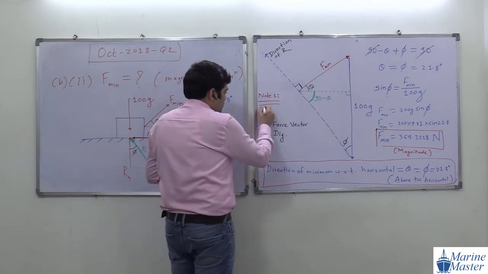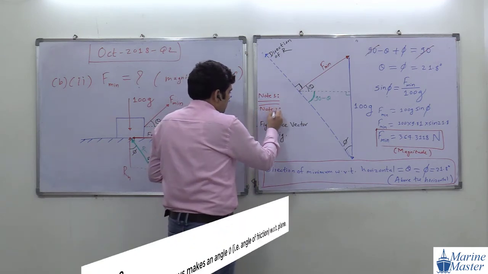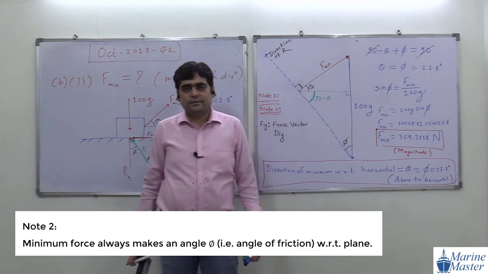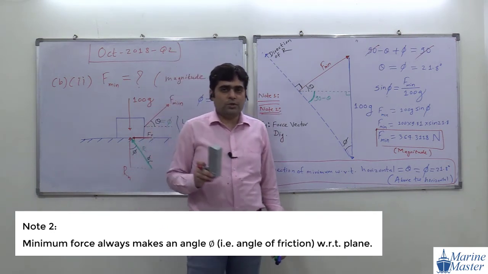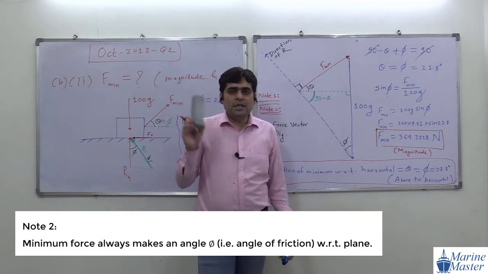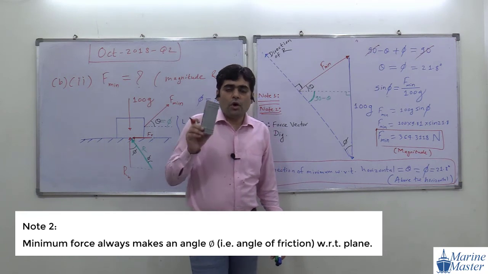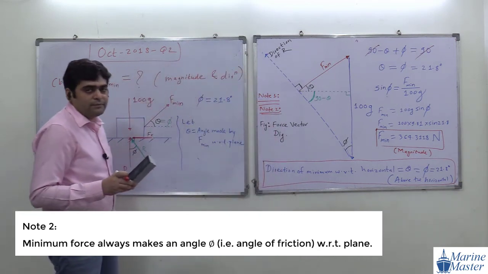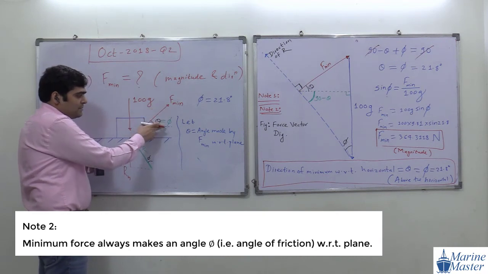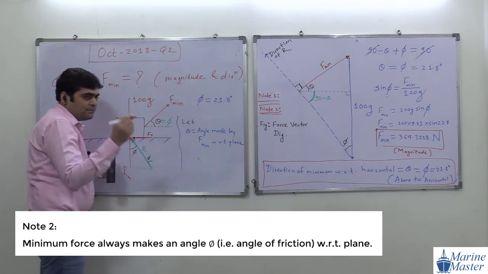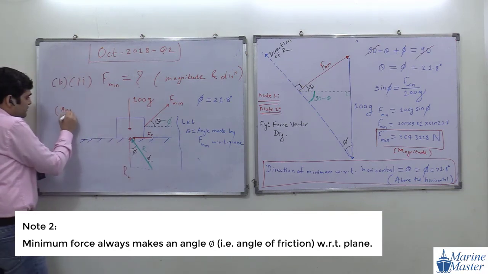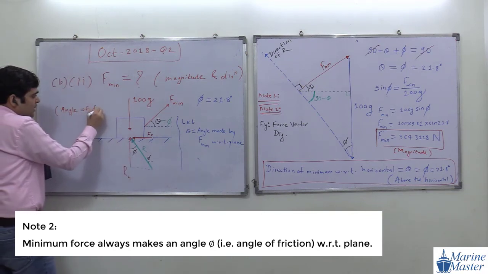Now note number 2. What can we say in note number 2? Minimum force always makes an angle phi, in brackets, angle of friction.